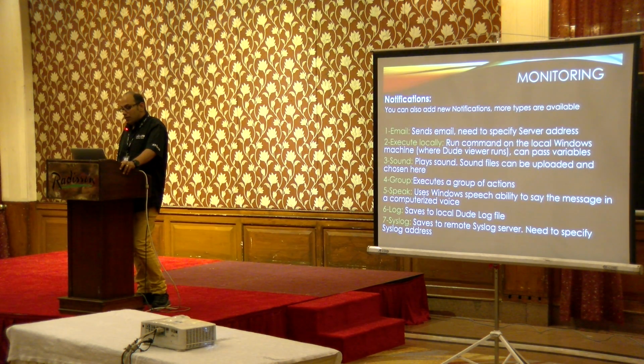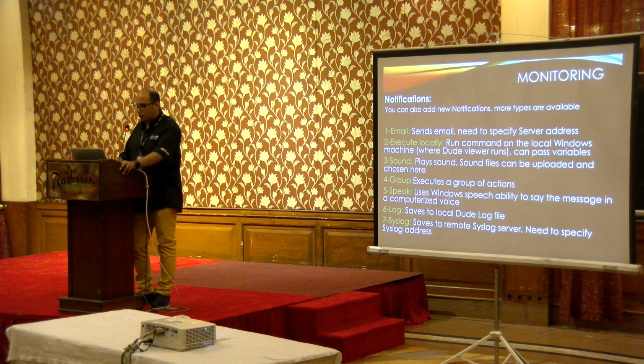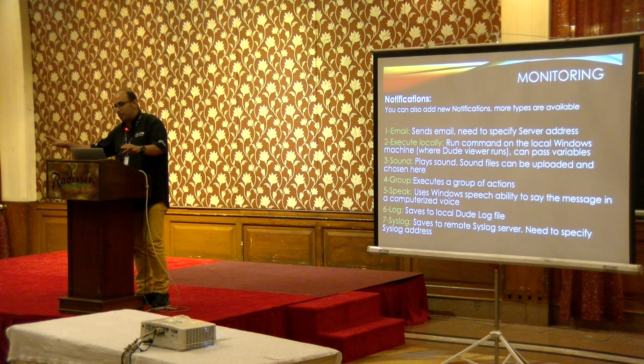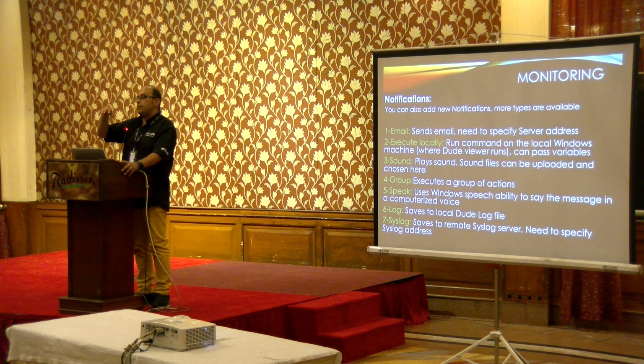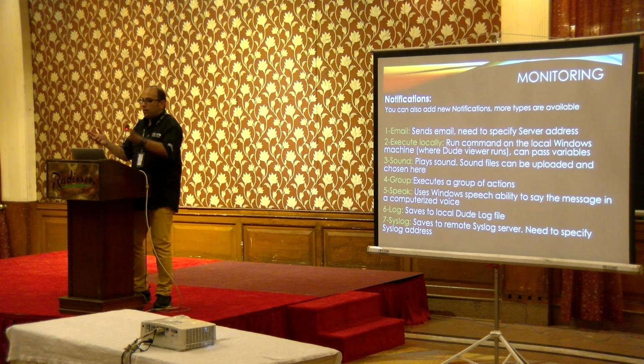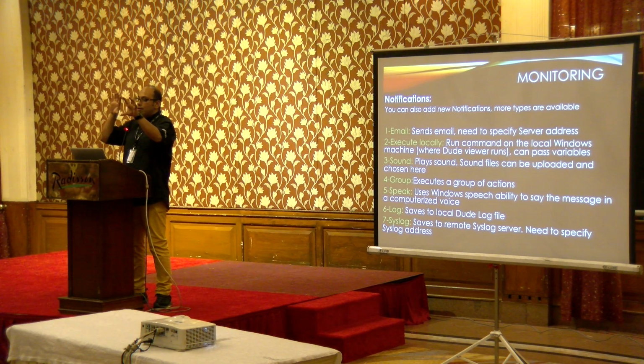Also, there are different methods for this notification. For example, you can receive them by email or by text messages, but by default you need to add a GSM modem, because Dude itself doesn't have one. This is another process. Your GSM modem should be able to receive information from the Dude server and send it out. So actually, between the Dude server and the GSM box, there should be an API, because these 2 devices should talk together.